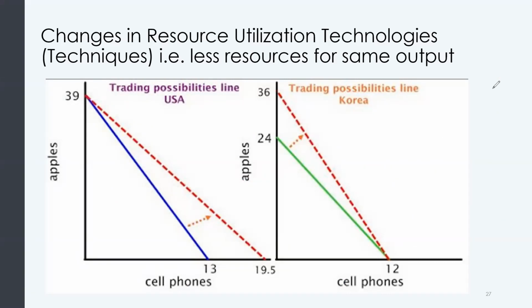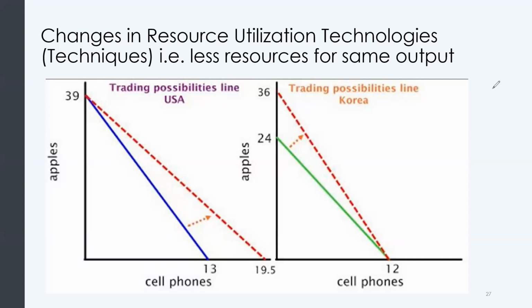But sometimes the whole graph does not change. Sometimes it changes on only one side. If you see that a PPC graph is changed on only one side, this is because there has been a change in resource utilization technologies. We are saying that the improvement in technology that has happened in that economy is specifically aligned to only one product.